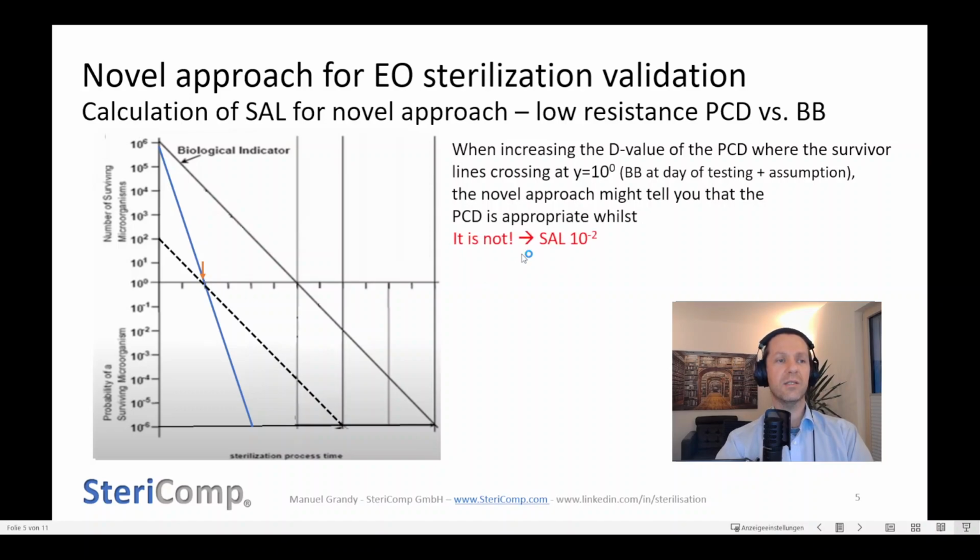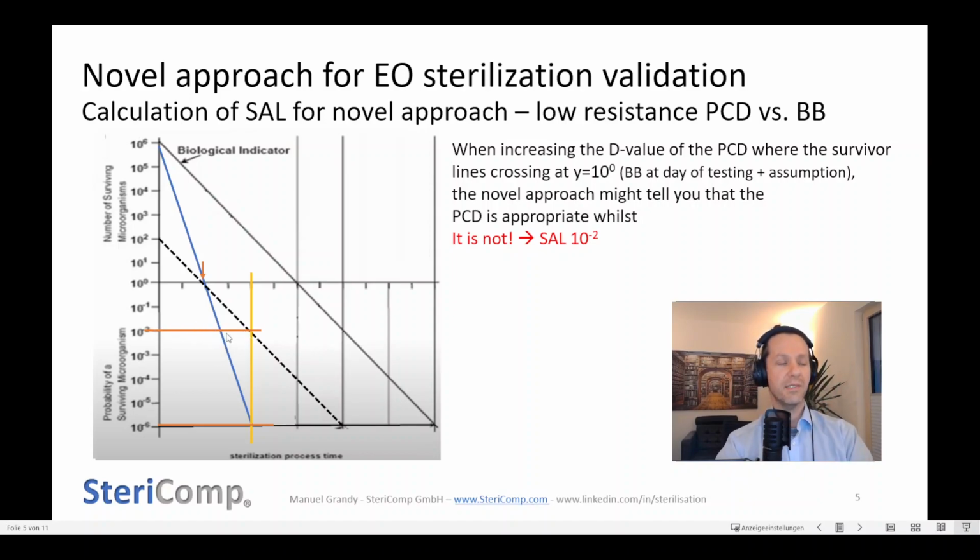Whilst it is not appropriate: the SAL for the product bioburden is just 10 to the minus 2, okay? Because you would adapt your cycle from 12 to 4 hours, which is good for your PCD, which you just decided would be appropriate, but for your product bioburden, which is the important one, you just have an SAL of 10 to the minus 2.